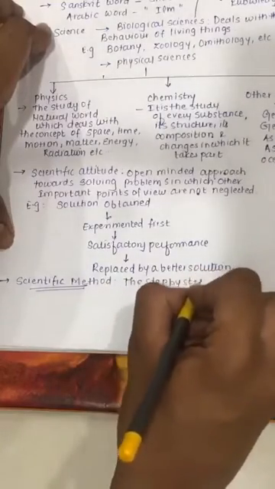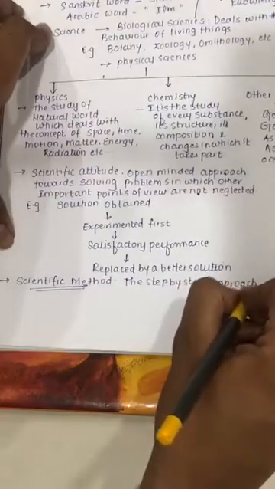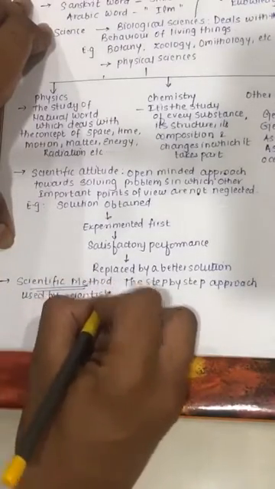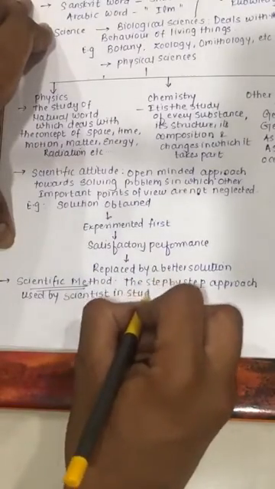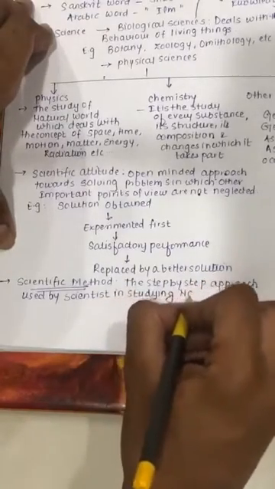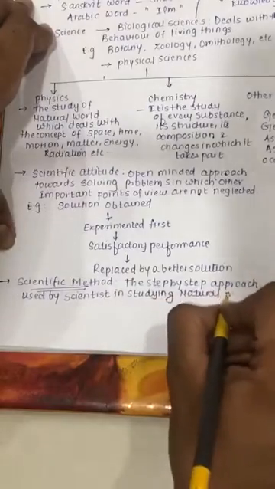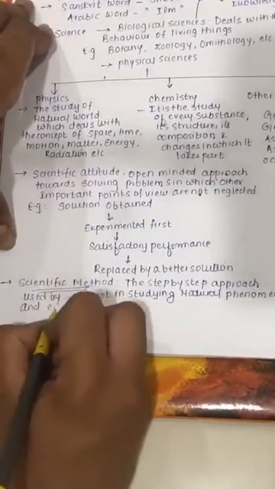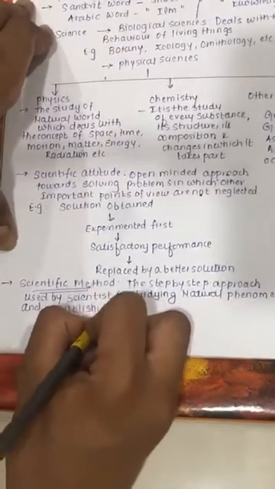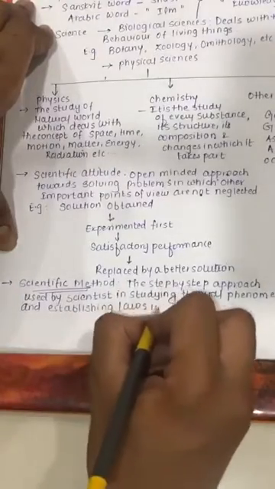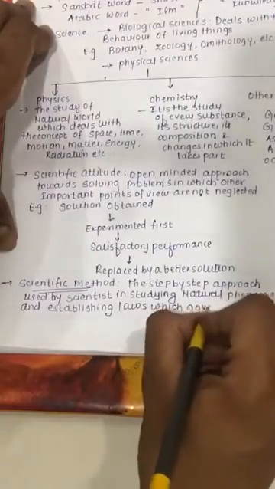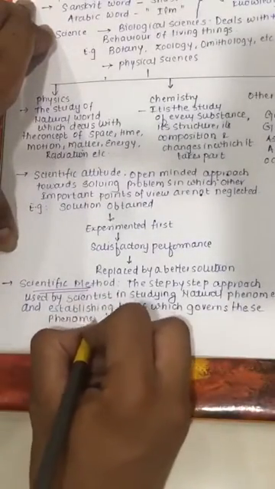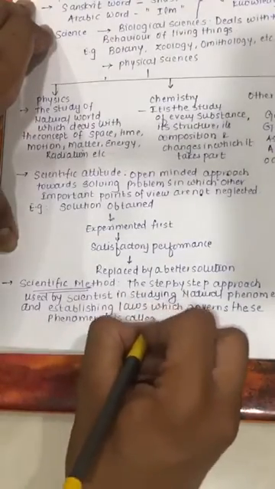The step-by-step approach used by scientists in studying natural phenomena, and establishing laws which govern these phenomena, is called scientific method.